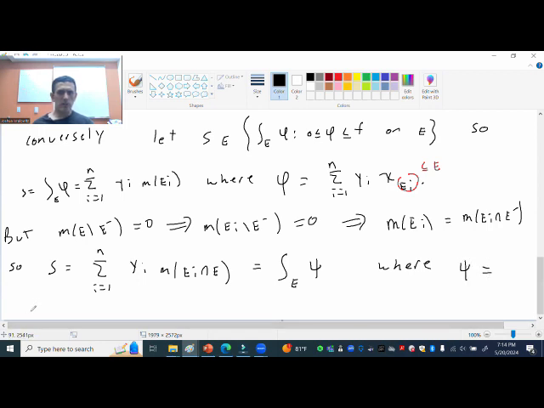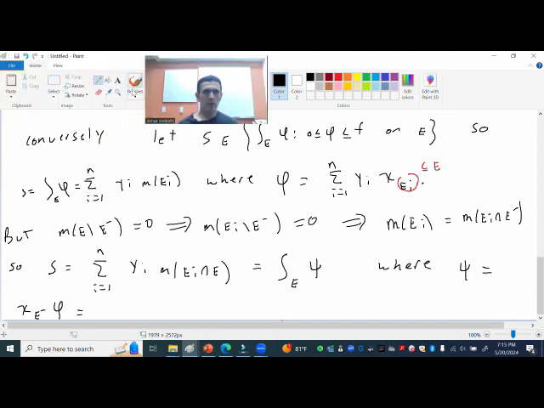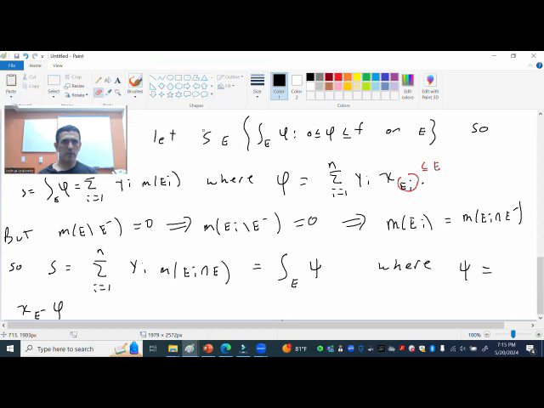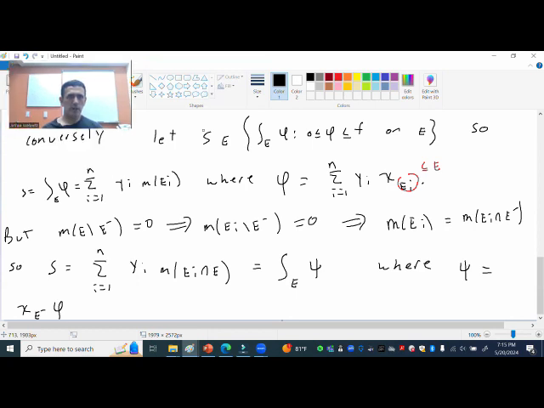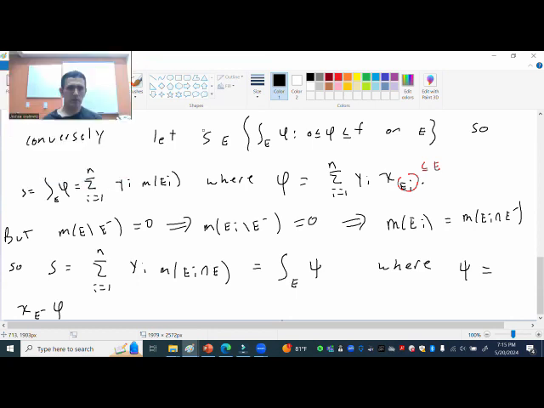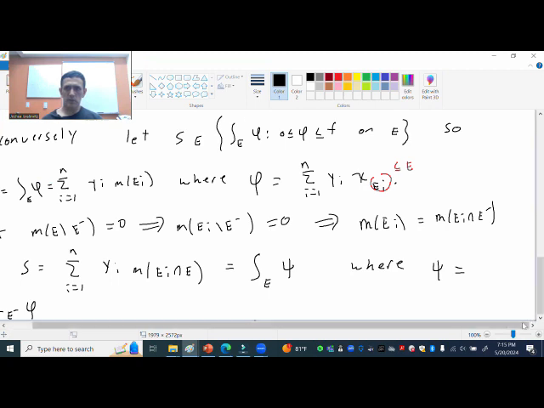So this is simply the characteristic function of E prime. I'll explain why in a second.